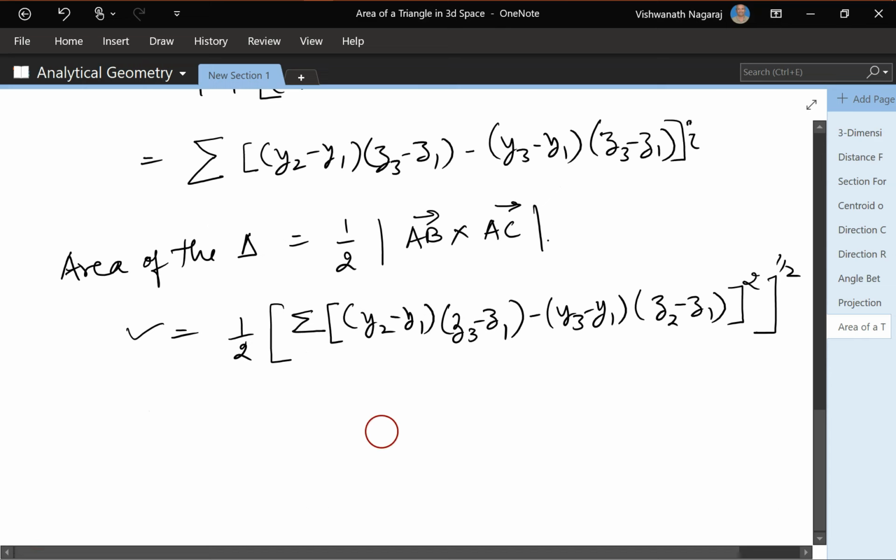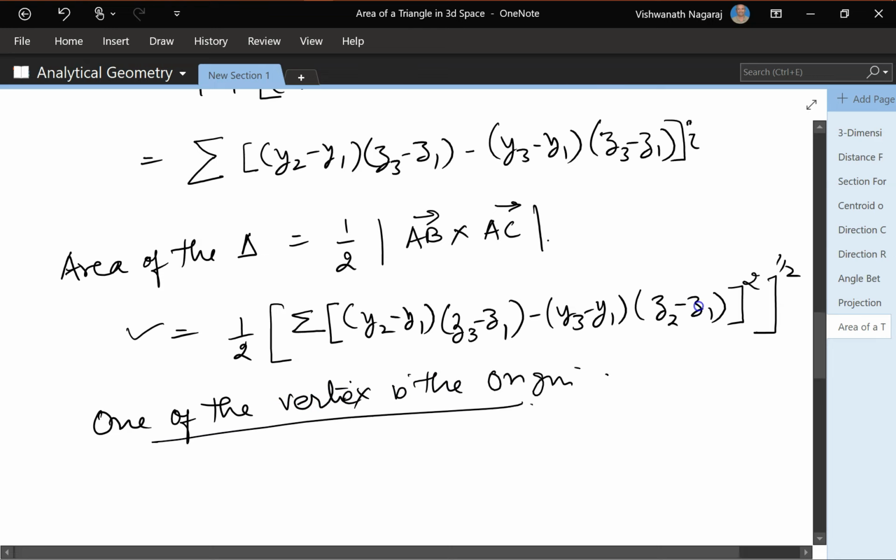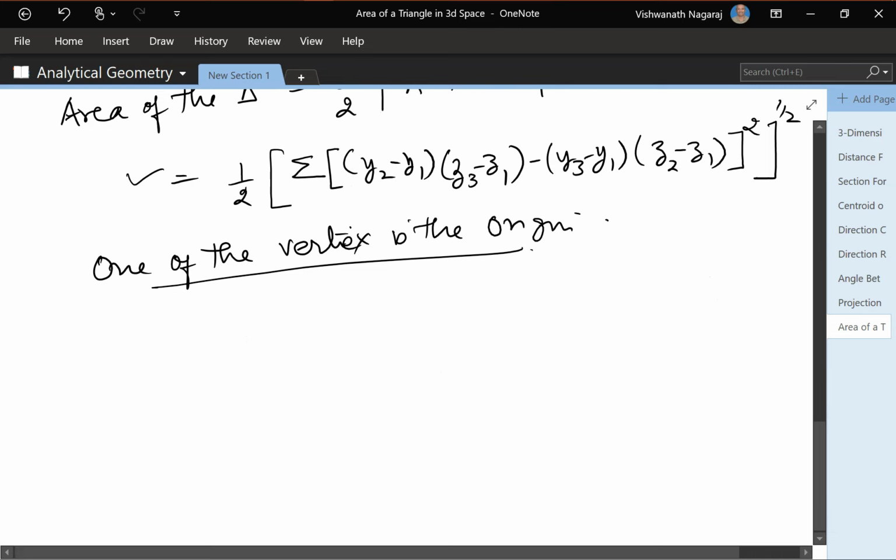Now if we say that one of the vertices is the origin, then what happens is we have OA cross OB.